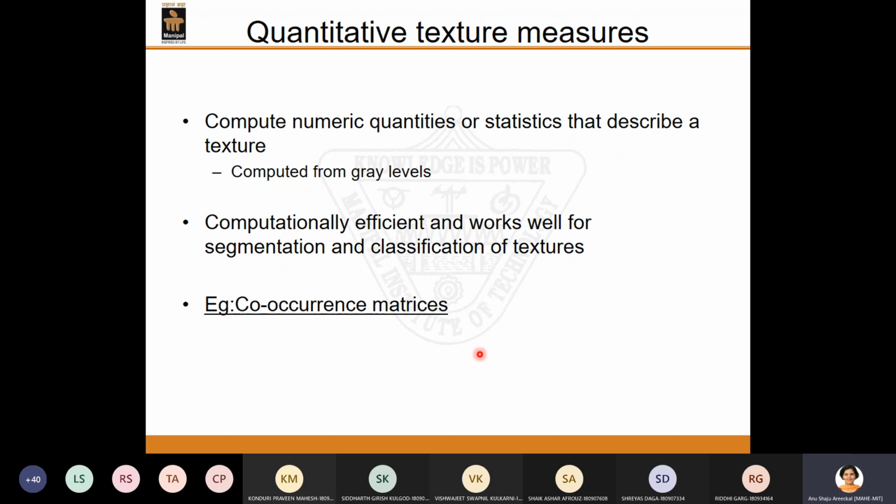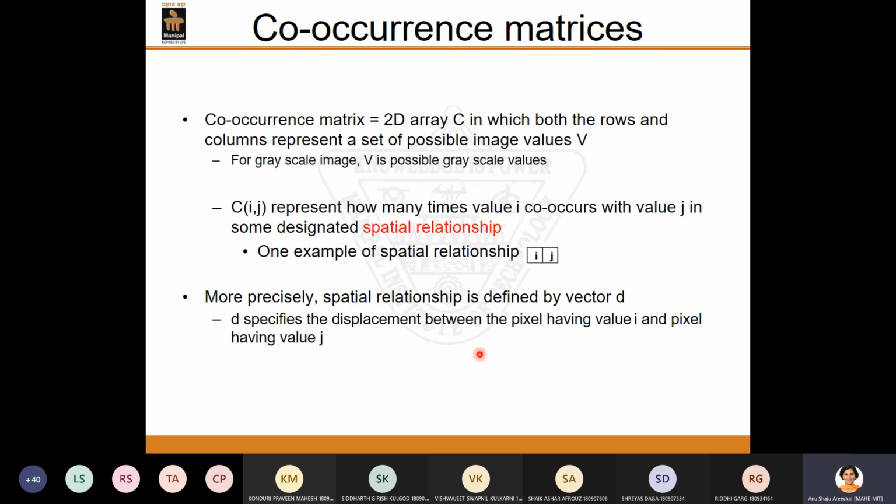For example, if it's a co-occurrence matrix, it looks at the occurrence of pixel pairs with certain pixel intensity values. In the next lecture class onwards, we'll look at how exactly the co-occurrence matrix works, the GLCM texture analysis method, which was one of the most popular methods earlier.